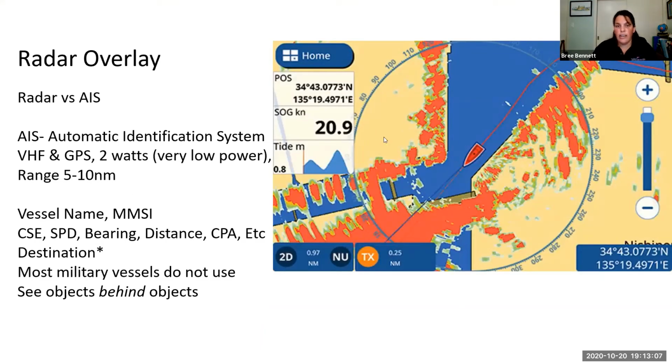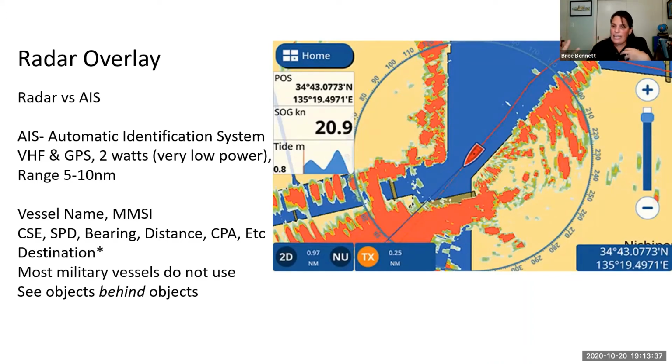This is an example of a radar overlay. As I was saying, we might have a bunch of different screens. A lot of modern systems can be combined into one, and we can overlay things that check to see if our chart plotter is lined up or adjusted correctly, and check our radar.